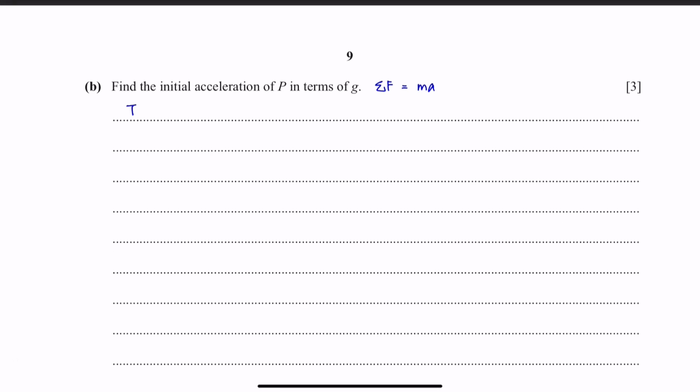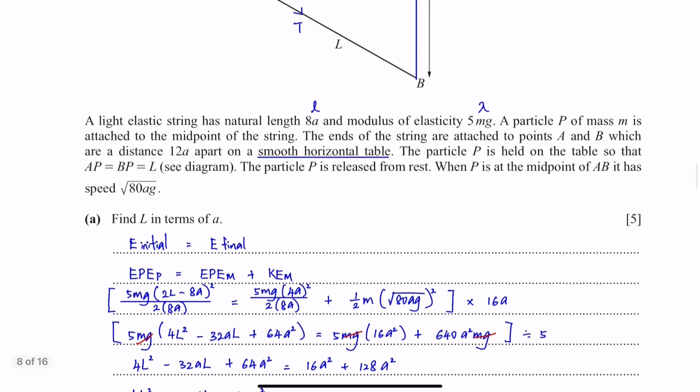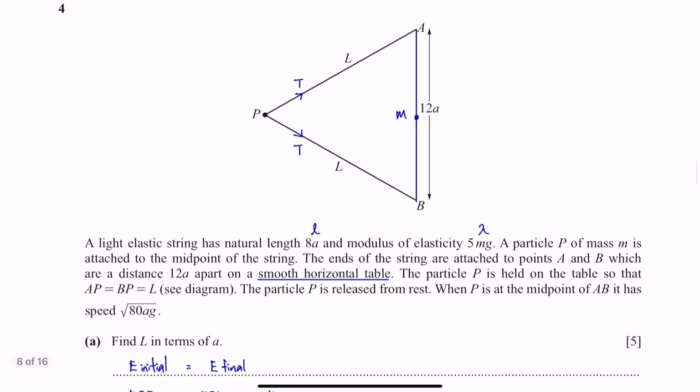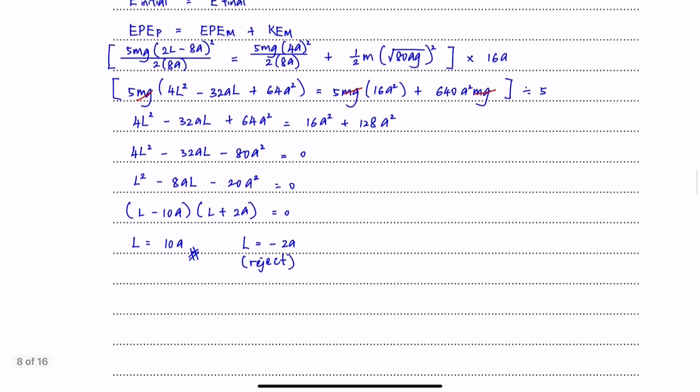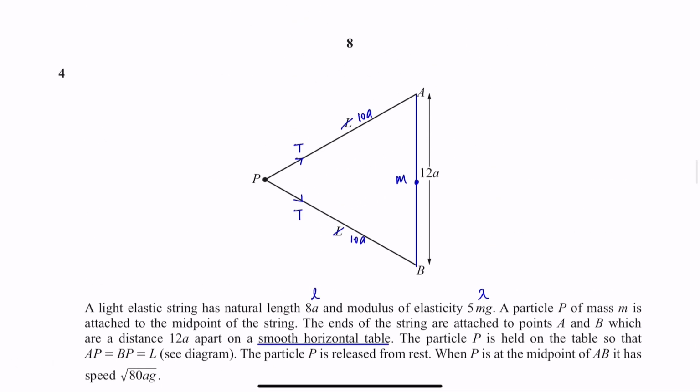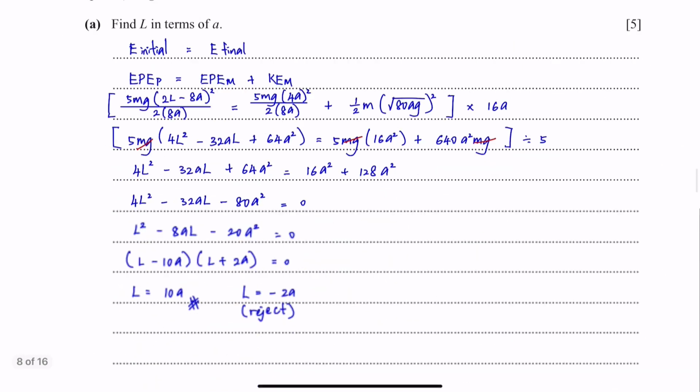So T would be the modulus of elasticity times the extension, and the extension would be 20a because this is 10a and this is 10a, as what we found in part A. So the final length is 20a and the natural length is 8a.